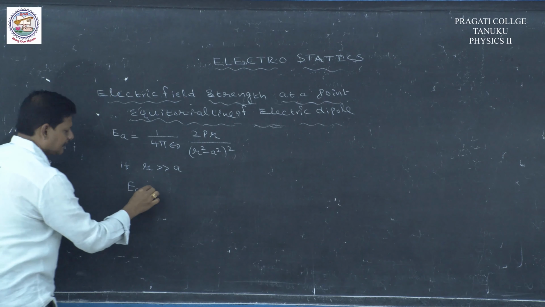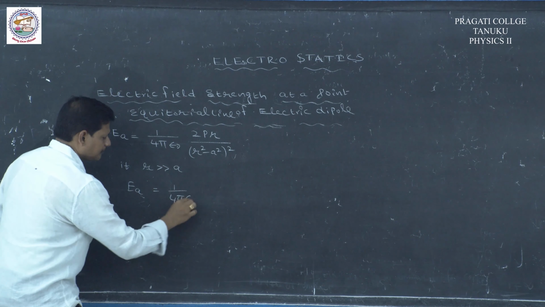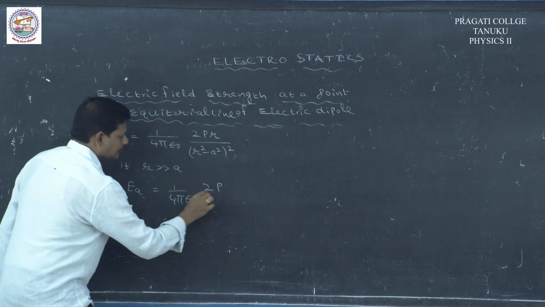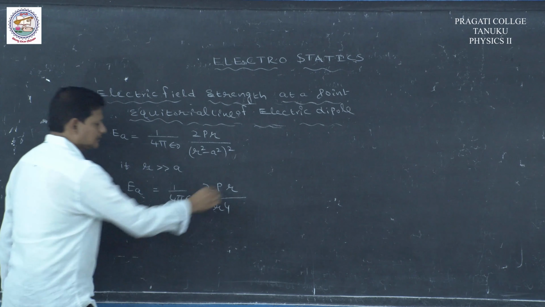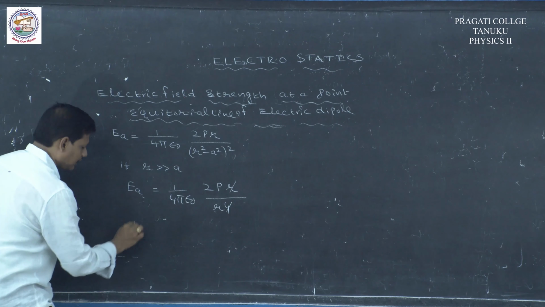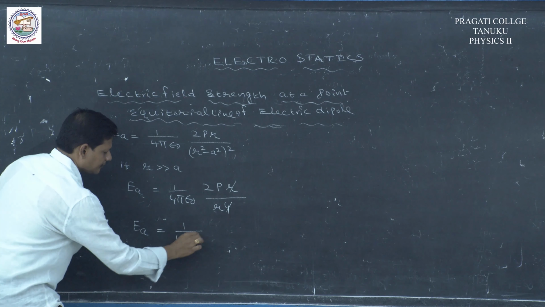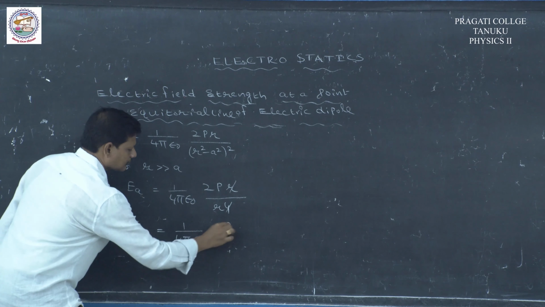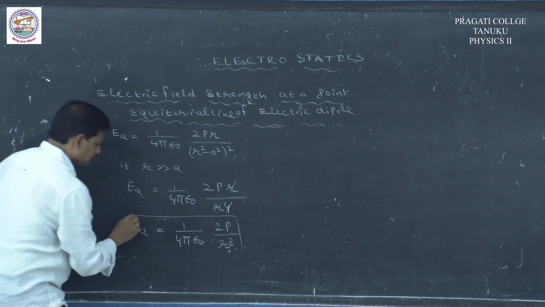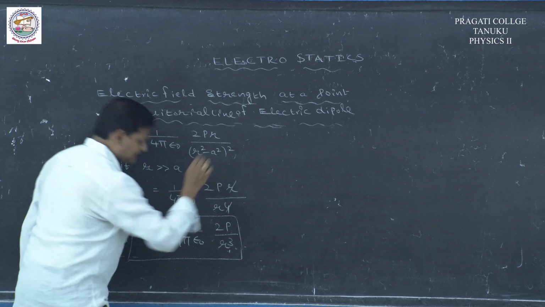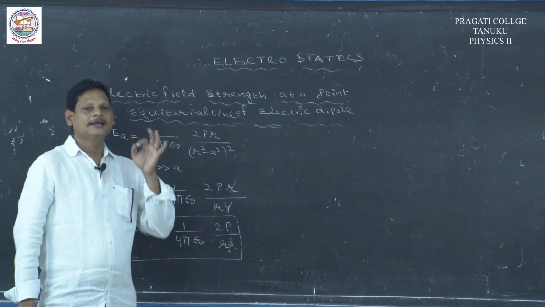Then E axial is equal to 1 by 4 pi epsilon naught, 2p r by r power 4. By cancelling r and r, E axial is equal to 1 by 4 pi epsilon naught, 2p by r cube. So, this is the expression for the electric field strength at a point on the axial line of an electric dipole.